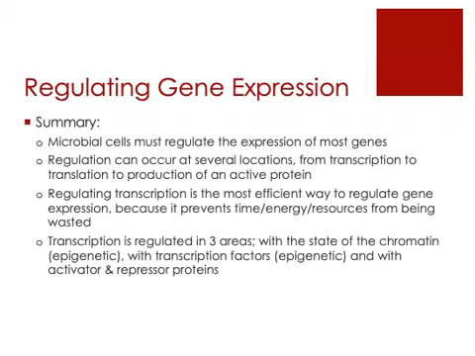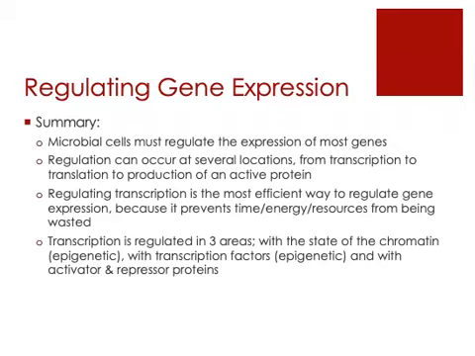Regulating at the level of transcription is the most efficient way to regulate gene expression because it prevents the wasting of materials and energy. It prevents time and energy and resources from being wasted doing any more of this process than is necessary. When cells control gene expression by controlling transcription, they do it in 3 areas.